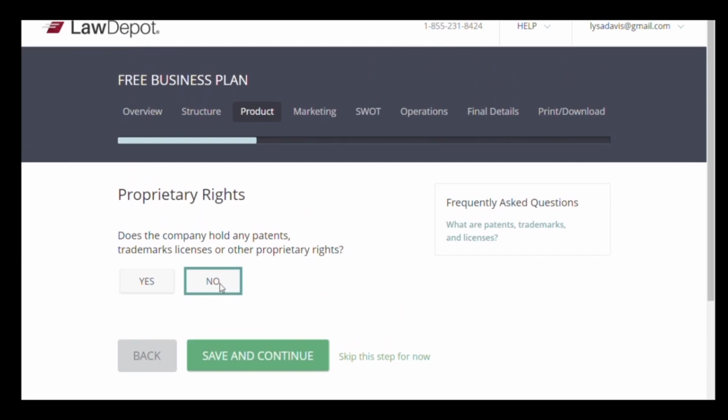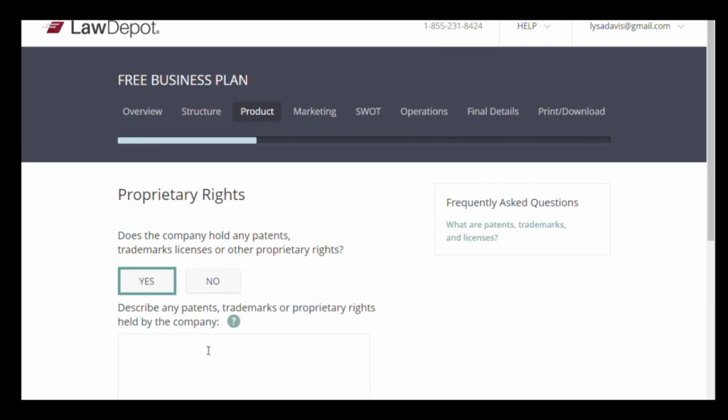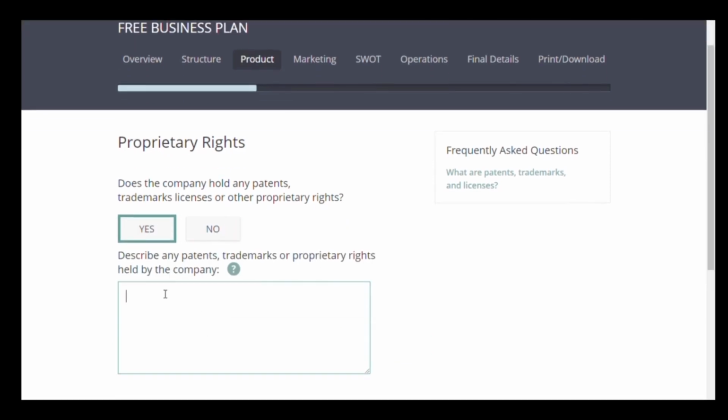Does this company hold any patents, trademarks, or licenses, proprietary rights? I would say in this fictitious product, yes, probably. I don't have a lot of information about that, so we would just make something up. Yes, patent pending on organic soil cleansing substance that's created.